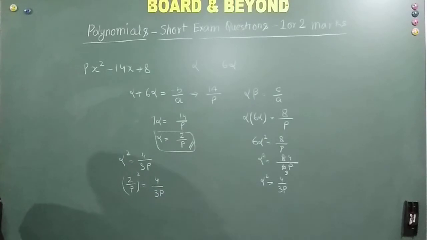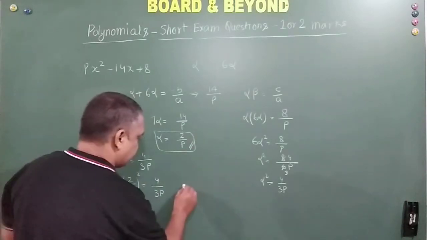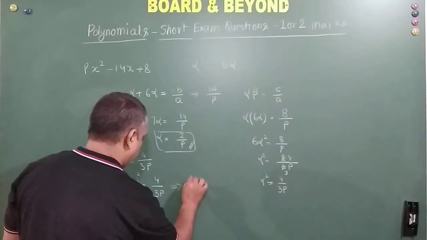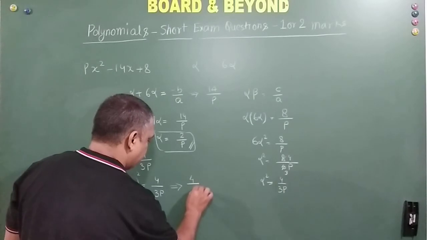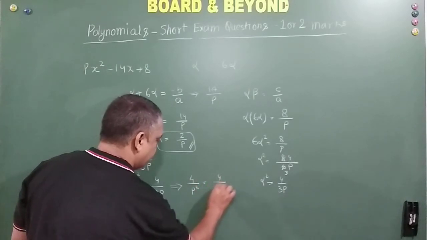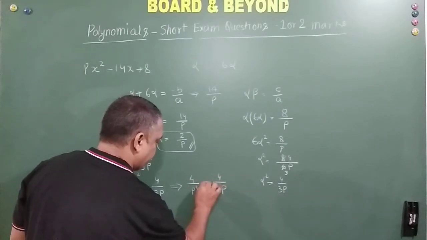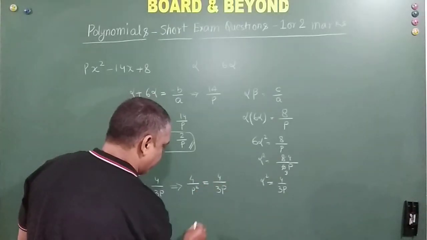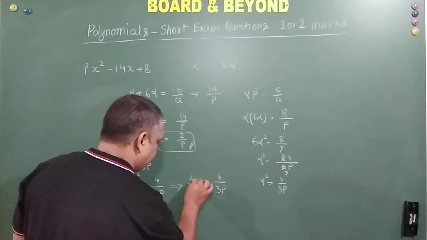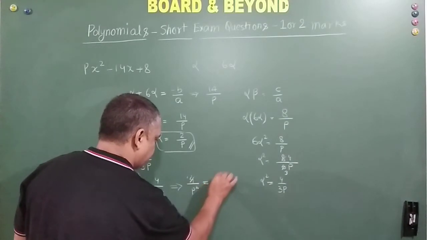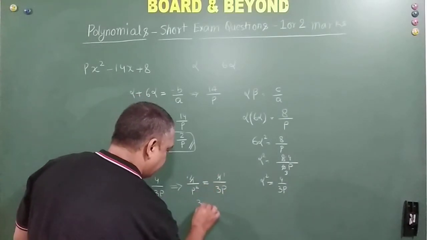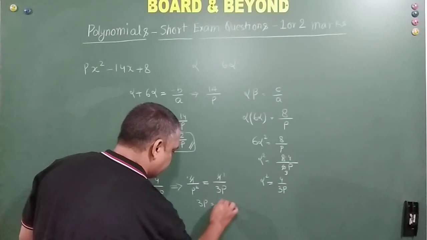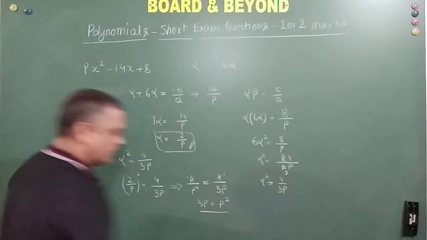You are getting my point, right? So this is nothing but 4 by p square is equal to 4 by 3p. Right, friends? So cross multiplying, actually we can cancel the 4 on both sides. So this gives 3p is equal to p square, right?